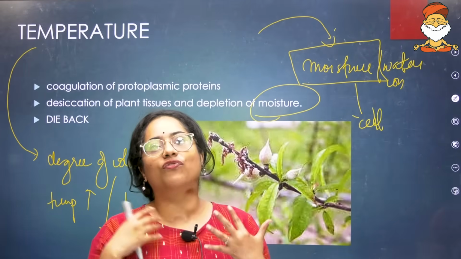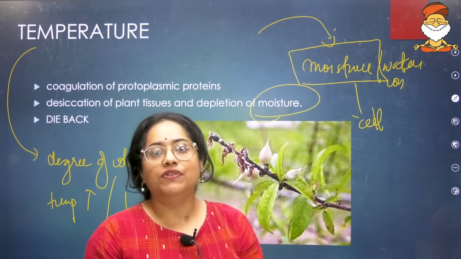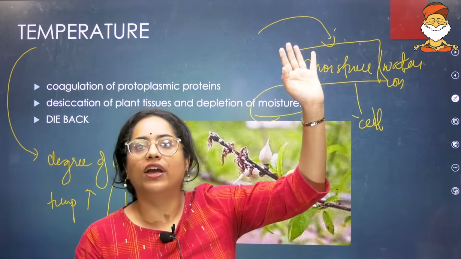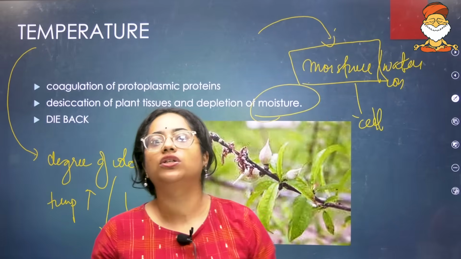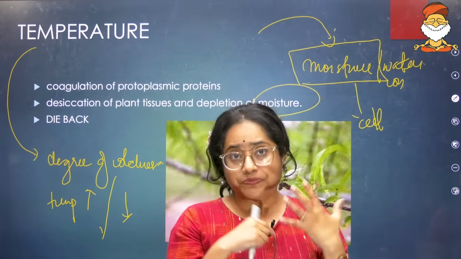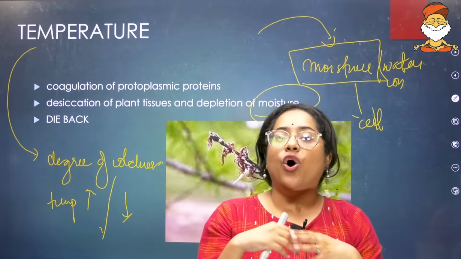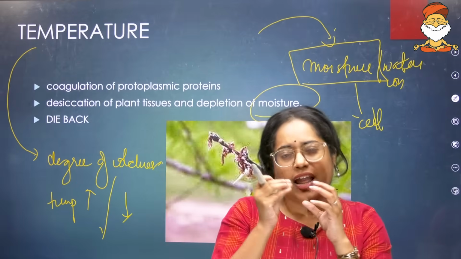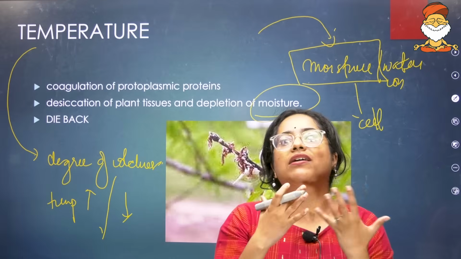If the temperature is dropping or going higher, every cell starts getting affected, and it can either dry out or freeze. In any case, it will become very fatal for the organism.